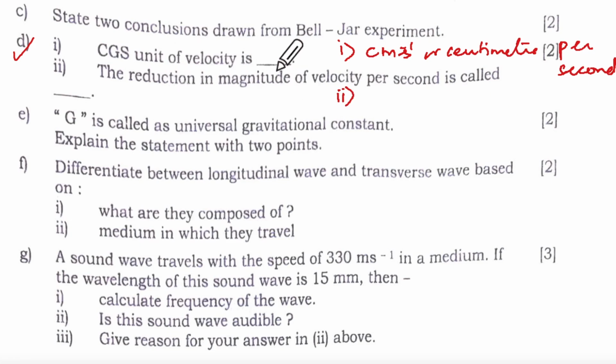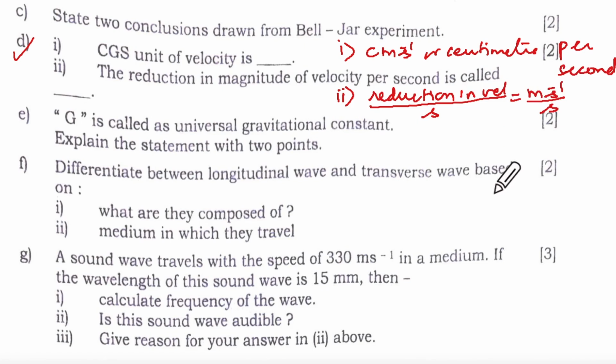The reduction in magnitude of velocity per second is called what? It will be retardation, no? The reduction of magnitude of velocity per second, didn't understand? See here, it is reduction in velocity per second means like this, understanding, which means meter per second upon second.